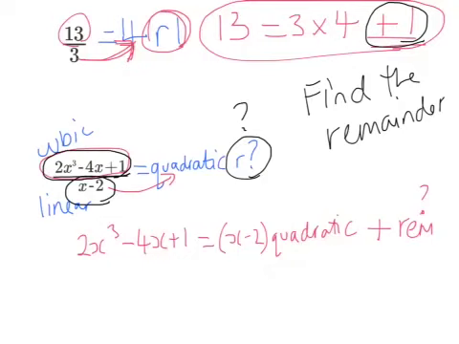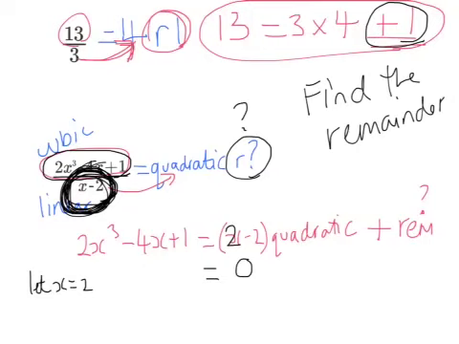What we do is we let x equal 2. Why would we do that? We're basically letting the bottom equal 0. If you let x equal 2, on this side you'll end up having 2 minus 2, which is nothing, and you'll end up with nothing times the quadratic plus the remainder.